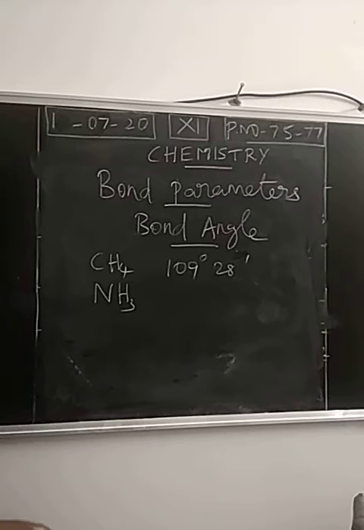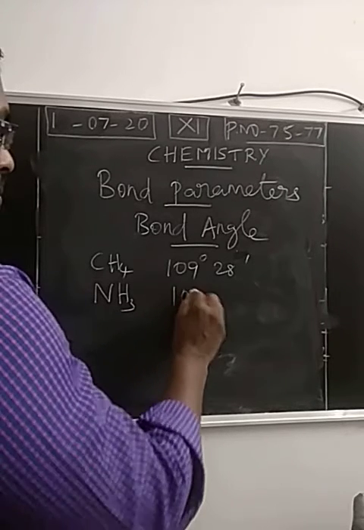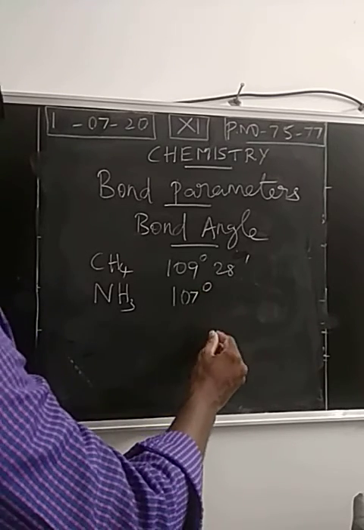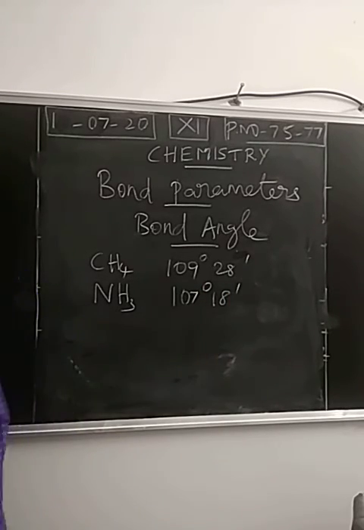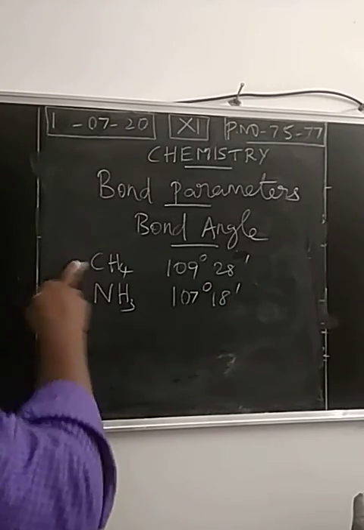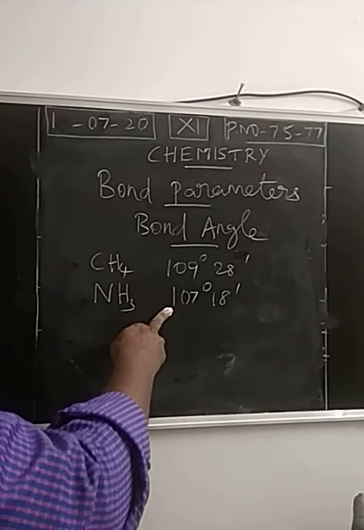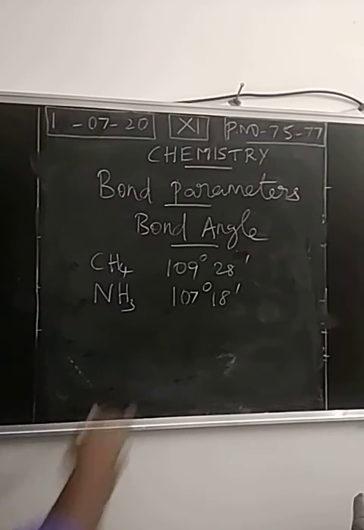called VSEPR theory. Right? So for ammonia molecule, bond angle is reduced to 107 degree 18 minutes. sp3 hybridization, but it won't get the same bond angle due to lone pair of electrons. We will discuss later.